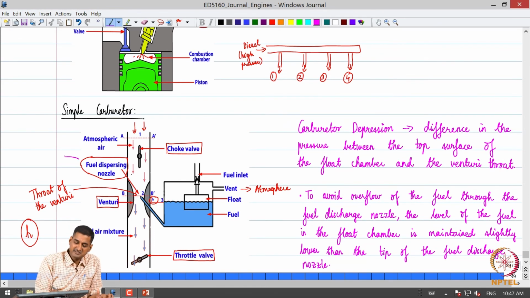The fuel dispersing nozzle is called by some as fuel discharge nozzle, so they are used interchangeably.